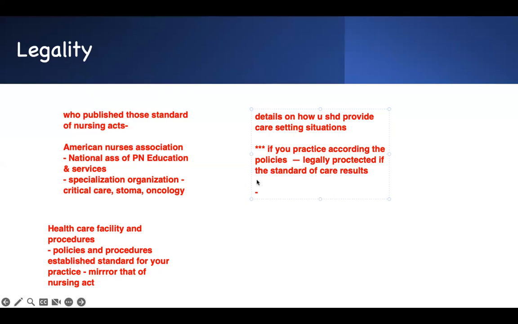It's very, very important. Because if they file a legal complaint with the nursing board and they check and they say, oh, you followed institutional policy to the T, well, you are protected. This is key. So when you go and start working, follow that. Pay attention to that.